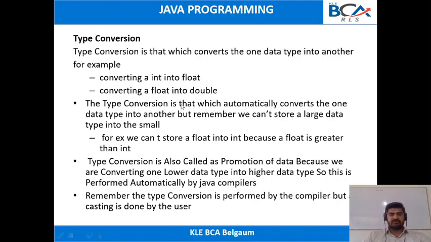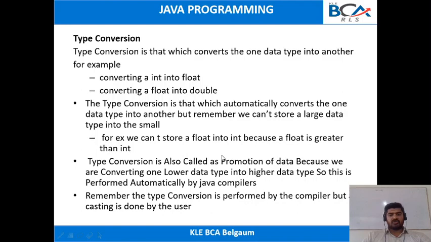You need to keep one thing in mind: you convert a smaller data type into a larger data type. We cannot store larger data into a smaller type. You can assign a smaller data type value to a larger data type. That is nothing but type conversion.